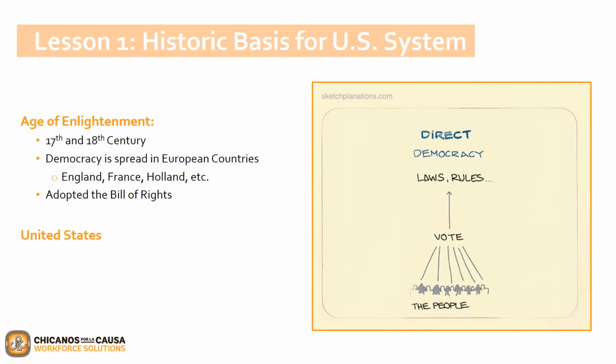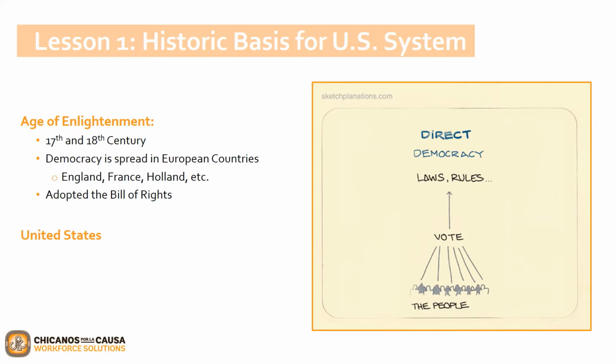As a developing country, the United States wanted to form a government that would provide its citizens with a voice in government and a sense of involvement in its laws. So along comes the Age of Enlightenment. During this time, democracy was very popular in European countries and it was spreading like wildfire. They wanted to promote a government that was essentially for the people and by the people, and wanted to emphasize the rights of individuals, which led to the adoption of the Bill of Rights.